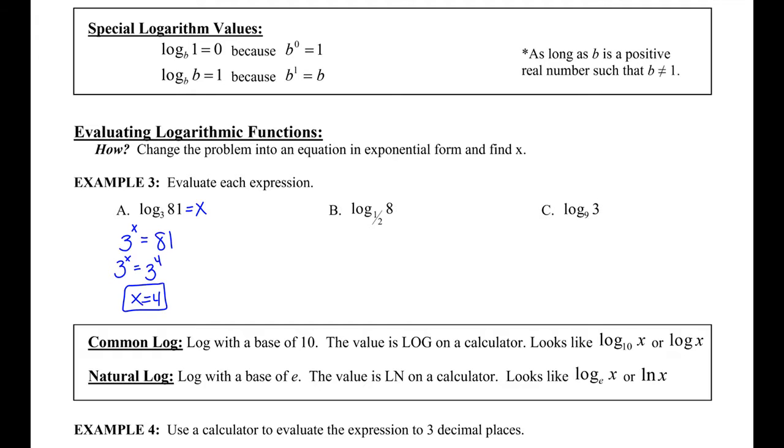For example b, I'm going to do the same thing where I have 1/2 to a power of x equals 8. Because it's hard for us to rewrite 8 as 1/2, I'm going to first simplify this by changing 1/2 to be 2 to the negative 1st power in order to get rid of the fraction.